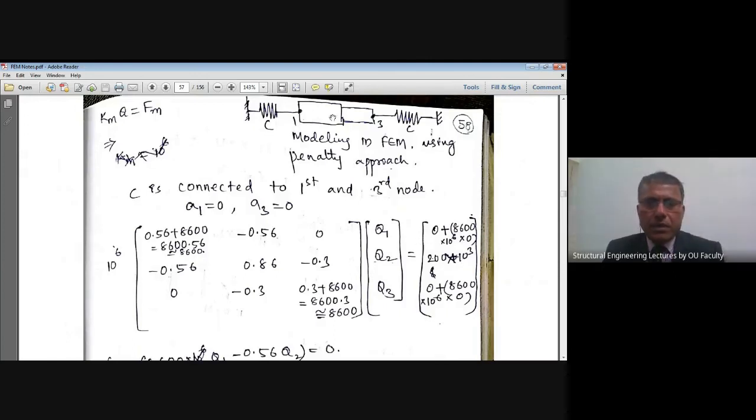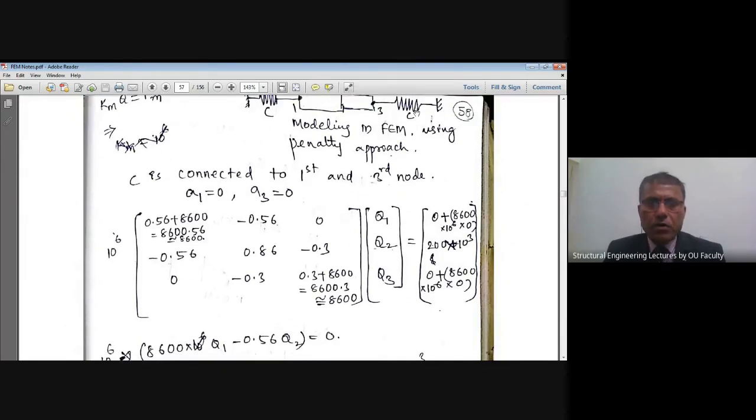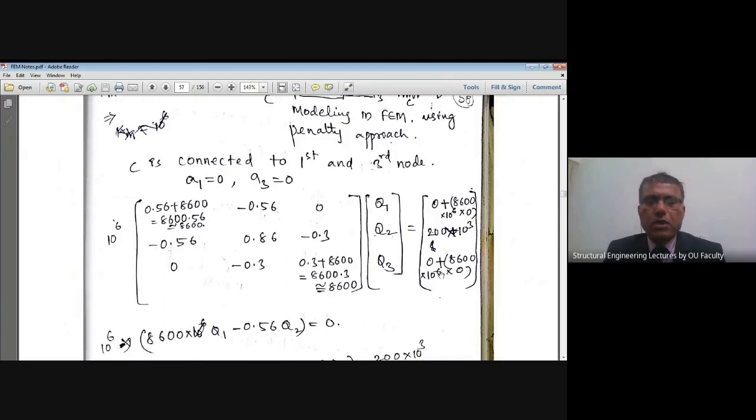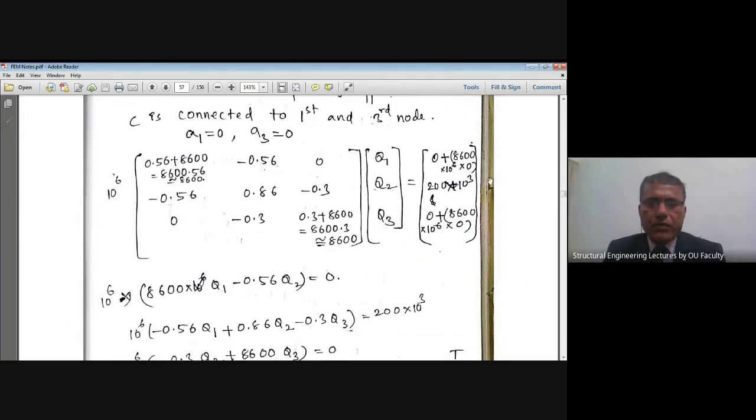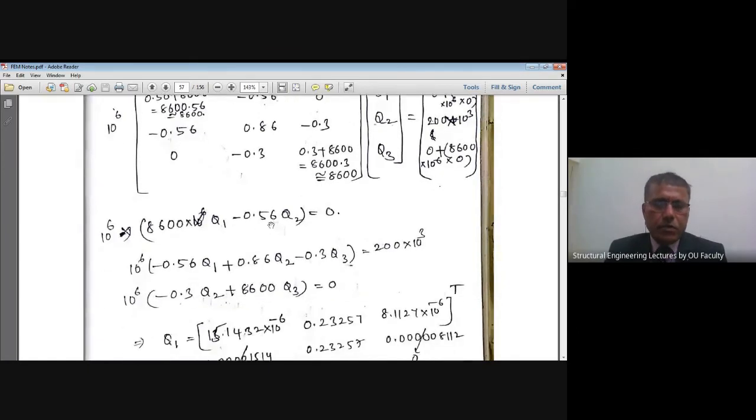Similarly, here there is no degree of freedom modeled at node 2, so there is no plus C multiplied by A2. But at the third node, we have modeled using a spring that is contributing as C multiplied by A3. But A3 is also 0. Hence, no contribution to the third force also. That is how the modified load vector is itself the original global load vector.